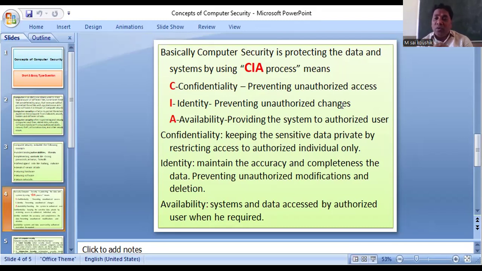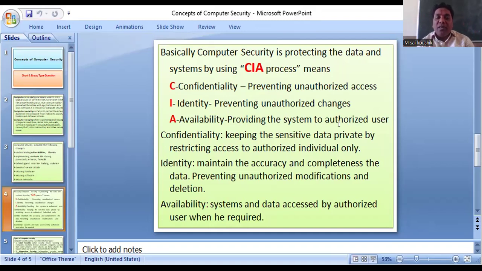You are a good decision maker, you are a good thinker. That time availability will provide any kind of information whatever you want. But what is my goodness, what is my badness, it depends on you.